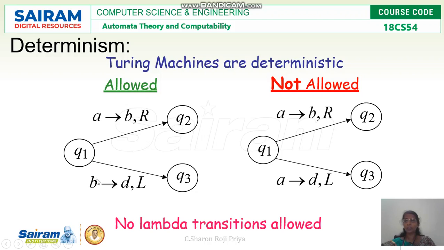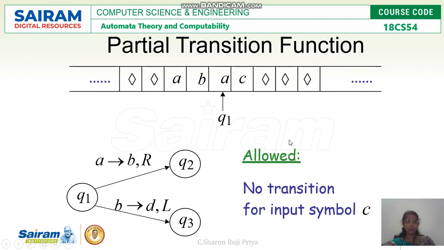Similarly, in state Q1, when it reads input B, there is a transition to Q3. This is determinism. Check this: in state Q1, when it reads input A, there is a transition to two different states. Here Q1 is reading A, and here also Q1 is reading A. For the same input A, it moves to more than one state. So this is not determinism, it is non-determinism. Turing machines are deterministic. Such non-determinism is not allowed in a Turing machine.